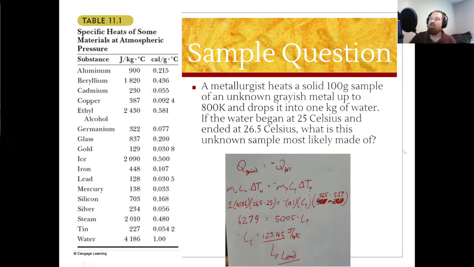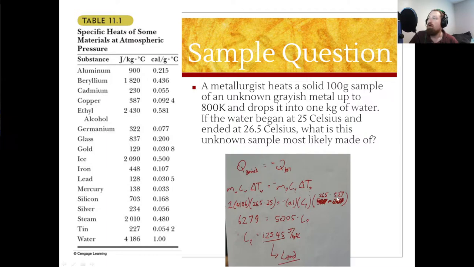So what I've done in my work here is I plugged in 26.5 Celsius for the final temperature, and for our initial temperature, I've converted the 800 Kelvin into its equivalent Celsius temperature. Take any Kelvin temperature, subtract 273, and that will give you the relevant Celsius temperature.